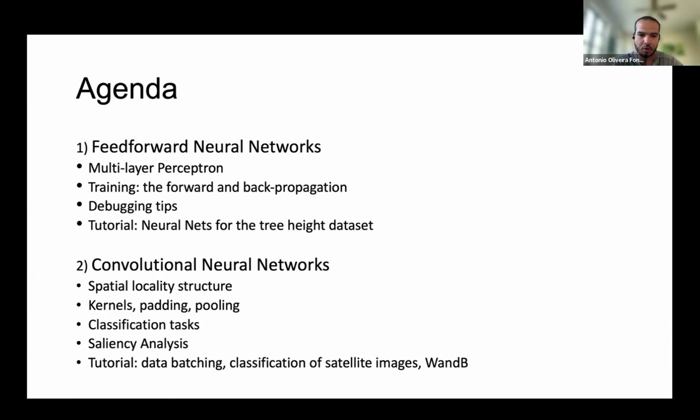CNNs are an important core component of computer vision nowadays. And when you're talking about geocomputing, a big component of it is satellite imagery or remote sensing, which can be considered some sort of imaging, right? Basically spatial data. So I think it is worth covering that in detail.